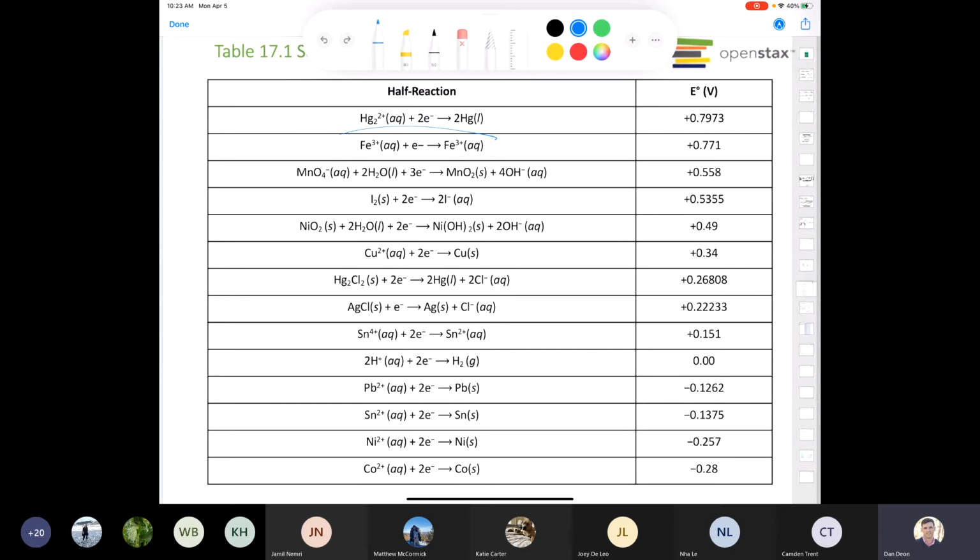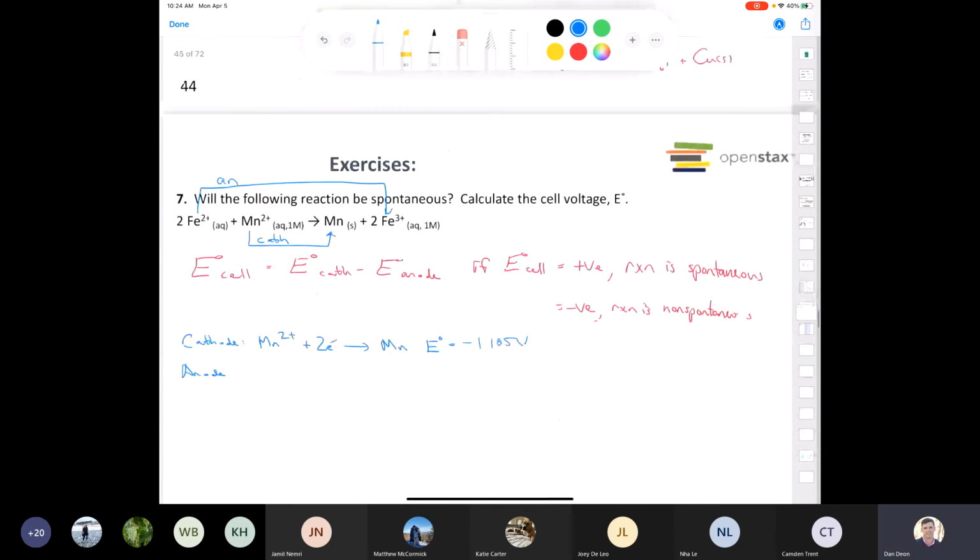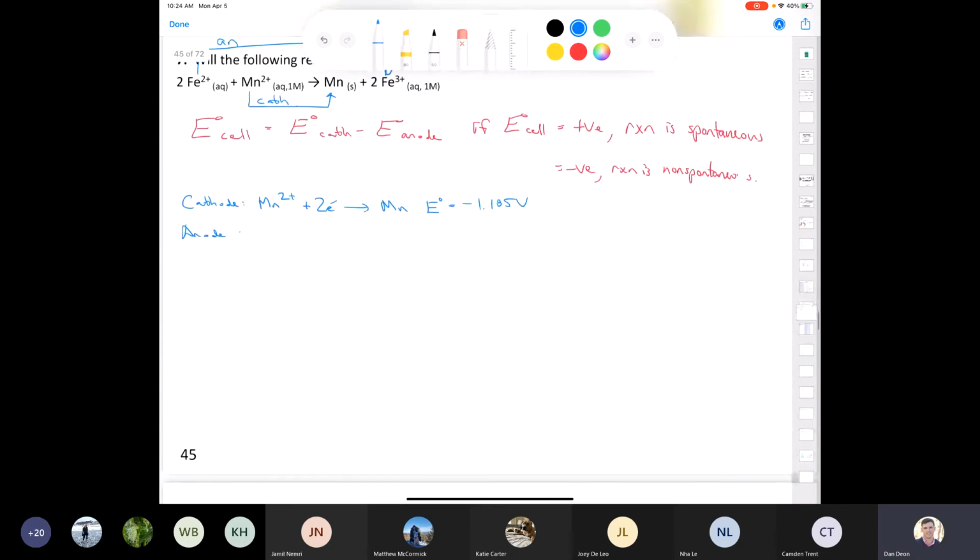See, this is a mistake in this slide, isn't it? Because this should say iron 2 plus. So we have this 0.771 volts. So let's go back and write that down. We have iron 3 plus plus an electron, giving you iron 2 plus. The E for that is 0.771 volts.